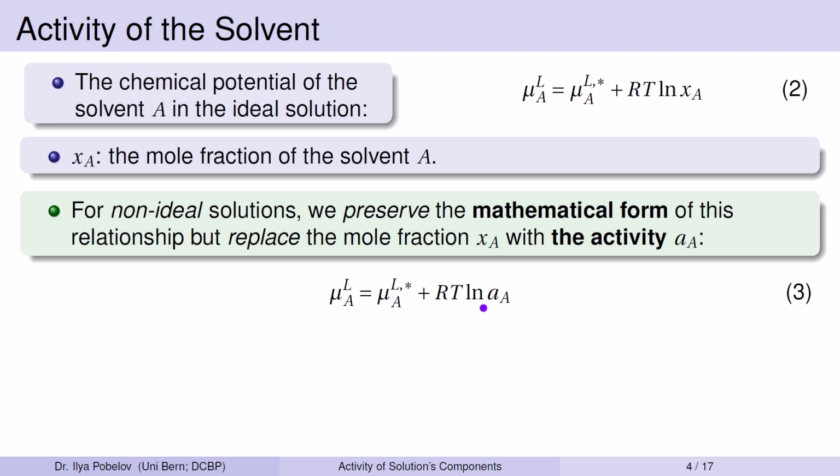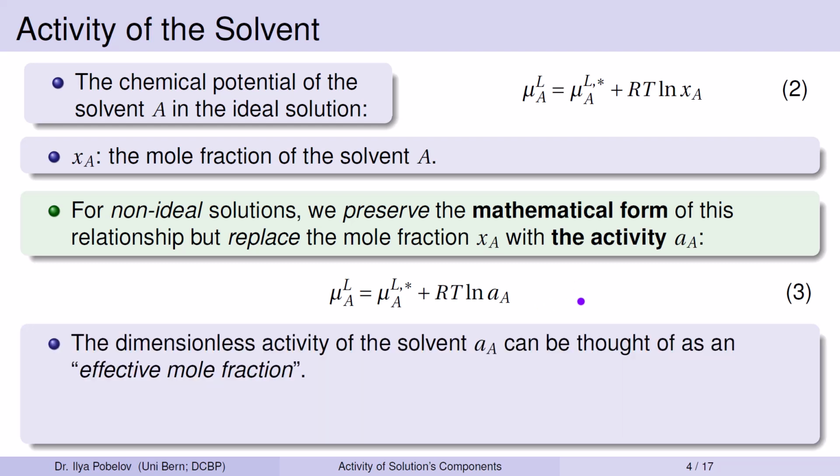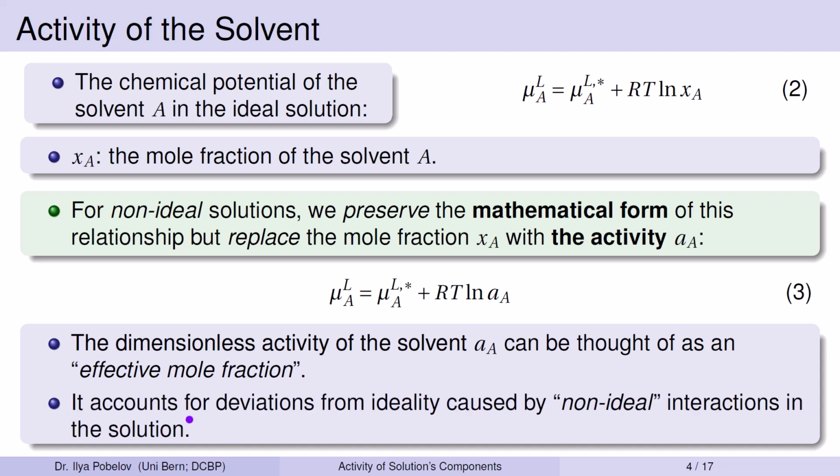By doing so, we retain the same mathematical structure of the formula for the chemical potential for both ideal and non-ideal solutions. The dimensionless activity of the solvent a_A can be thought of as an effective mole fraction. It accounts for deviations from ideality caused by non-ideal interactions in the solution.